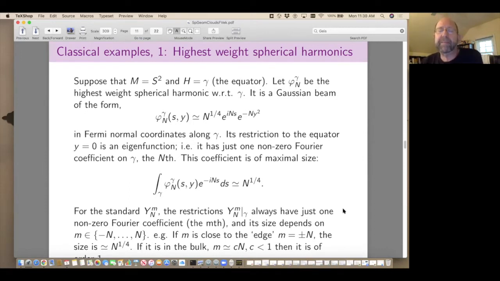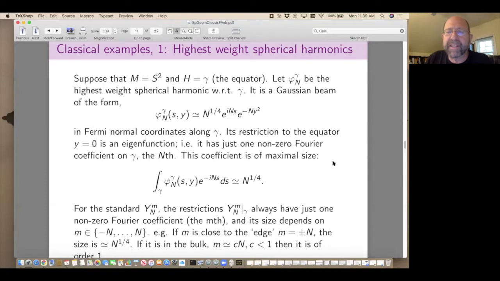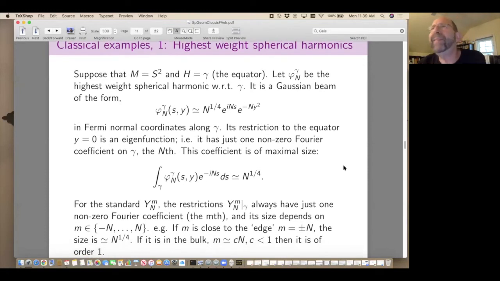If I integrate my Gaussian beam against e to the minus INS, then I actually get the square root of the L2 norm, because there is only one mode that's not zero. So this is the type of example that motivates studying the Fourier coefficients, because for the Gaussian beam, its L2 norm saturates the general L2 norm restriction bounds.